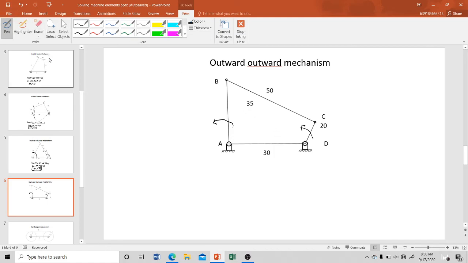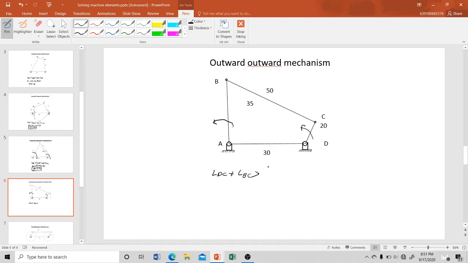So let us inspect whether this mechanism satisfies the non-Grashof chain. Length DC is the shortest link, and length BC is the longest link.